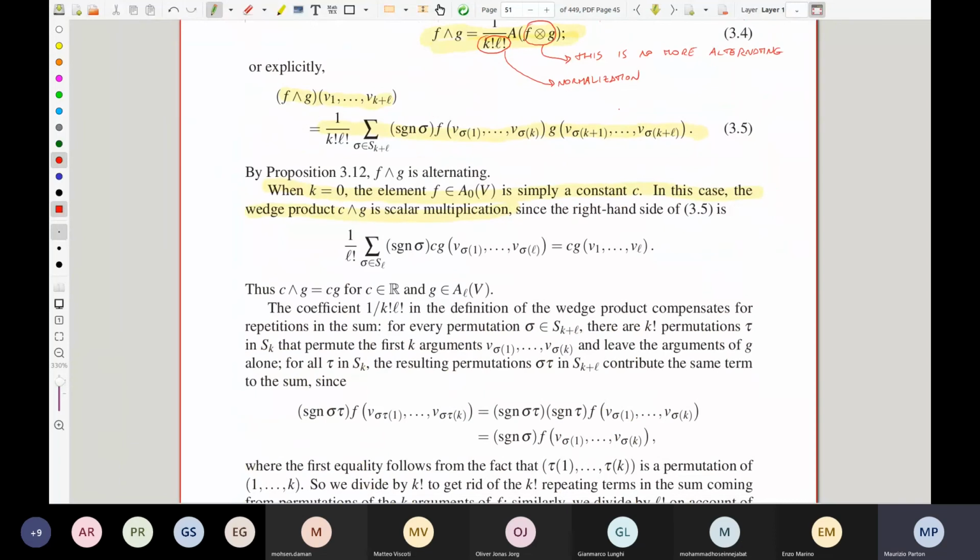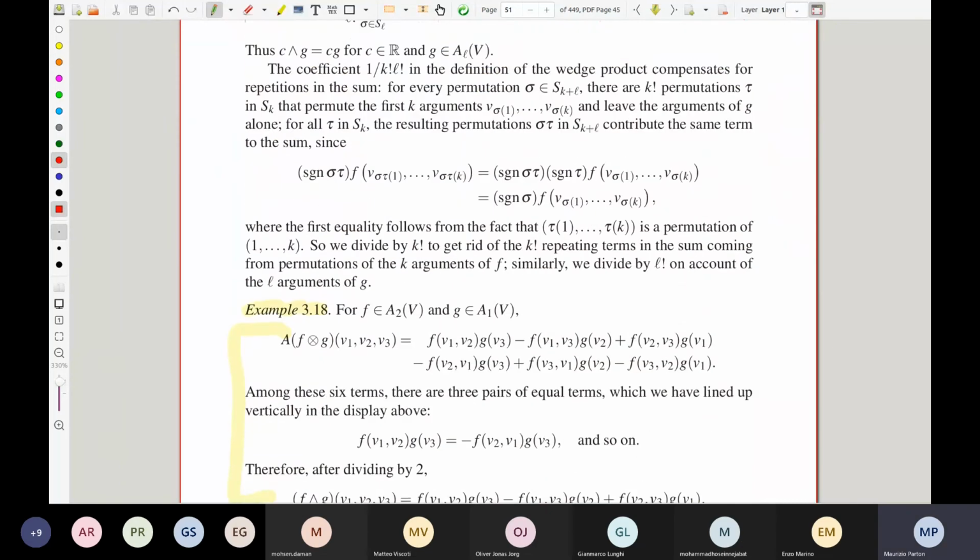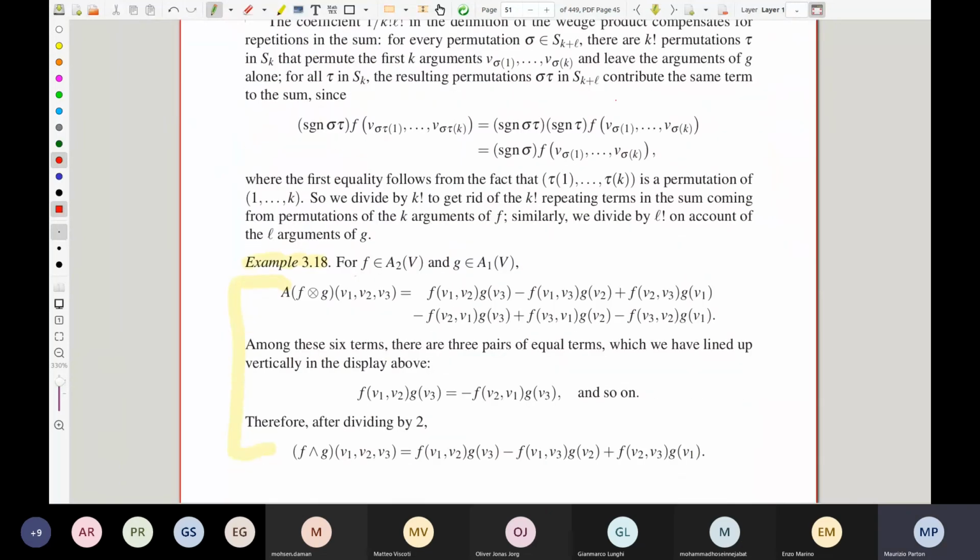Now, here there is an example, let's say an exercise. Take F, which is alternating of rank 2, and take G, which is alternating of rank 1, which means no symmetries, of course.